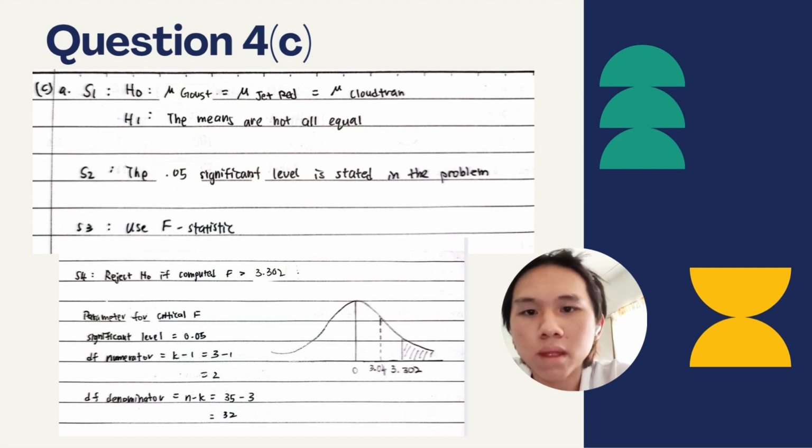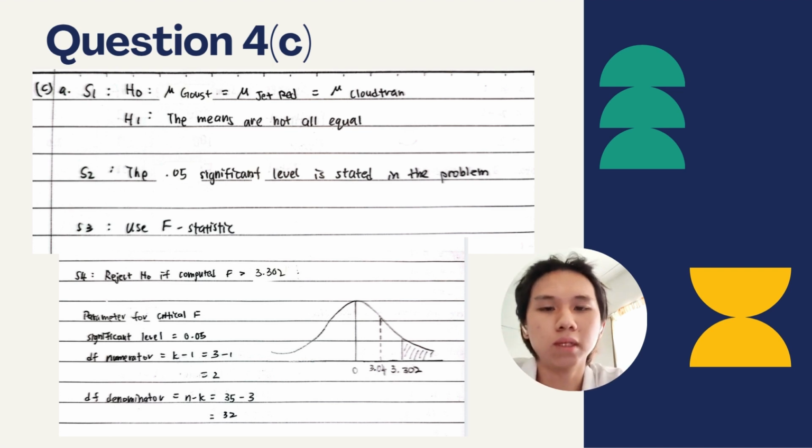In step 2, we use the 0.05 significance level, which is stated in the problem. In step 3, we are using the F statistic to solve the problem. In step 4, we form a decision rule, which is reject H0 if the computed F is larger than 3.302.